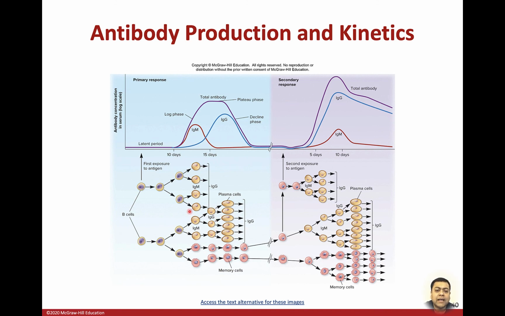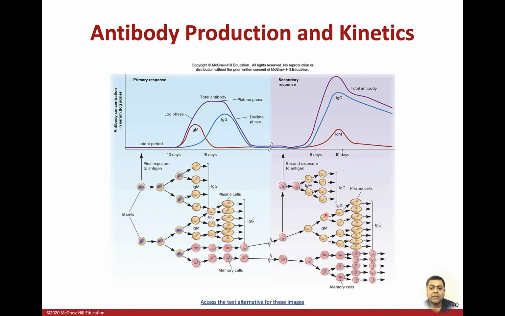This is known as class switching of antibodies. The class switches from IgM to IgG, which is the main protective antibody, rather than the initial shock by this large pinwheel-structured antibody. Once it switches the class, it will again proliferate fast and produce plasma cells, and these large cells will produce a large amount of IgG, and the amount rises.